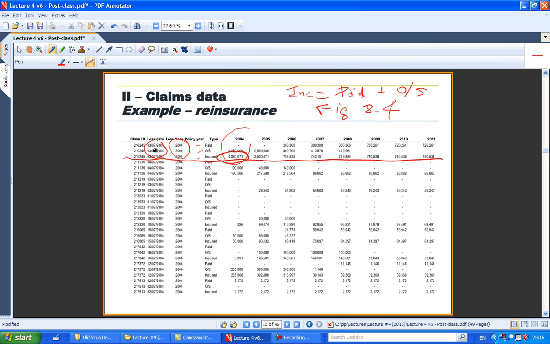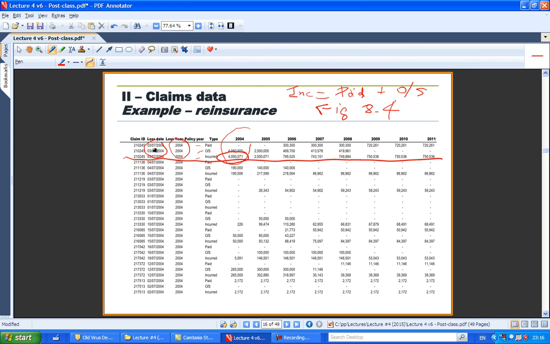In 2005, the estimate of this claim has been reviewed and has been lowered quite a bit, from 4 million roughly to 2.5 million. Probably the insurer got more information about this claim, and as a consequence it has revised its estimate and lowered it, and still hasn't paid anything.